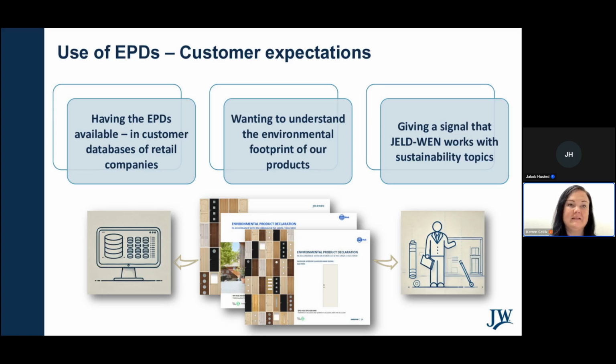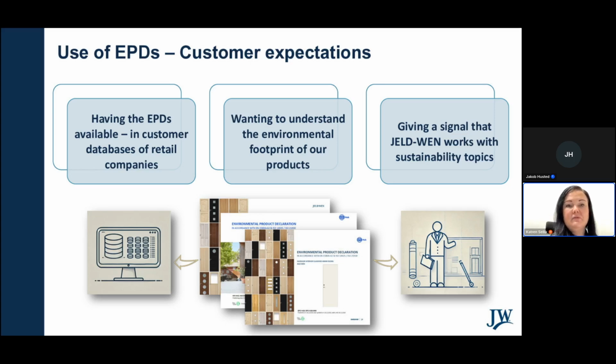It could be like a tick in the box exercise, but then again, it's really creating the overall image and helping out there. Then of course there are customers who are more focused on sustainability, and they actually want to understand the environmental footprint of our products, even without using them directly for some building certification scheme, but they just want to have the understanding.